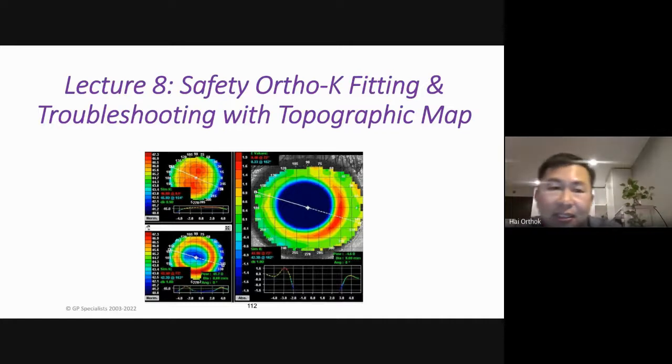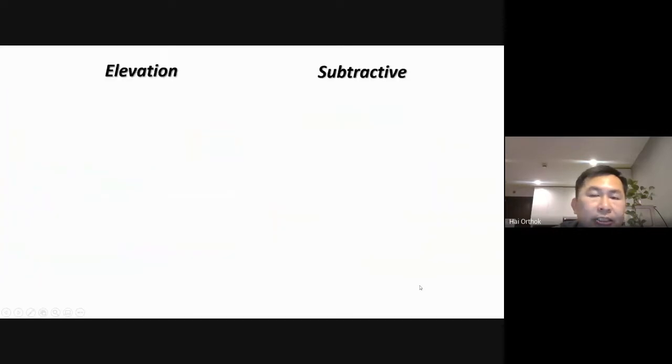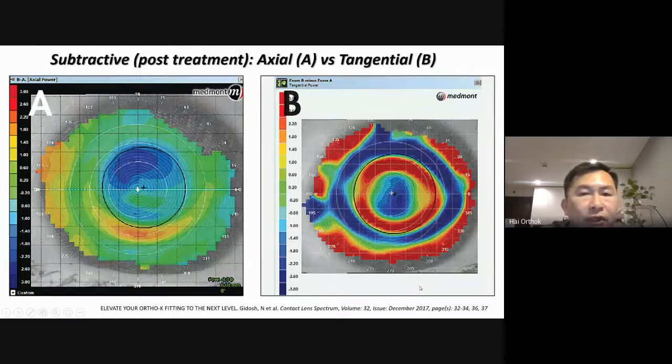Lecture 8 is the lecture with the topographer. I will show you how to fit and troubleshoot topographer maps more effectively when we use the Medmont topographer. I will show you the axial map, tangential map, elevation map, and subtractive map. The subtractive map and axial map are the most friendly for Ortho-K, and actually the axial map is enough, but the tangential can tell you the centration of the lens on the eye better than the axial map.